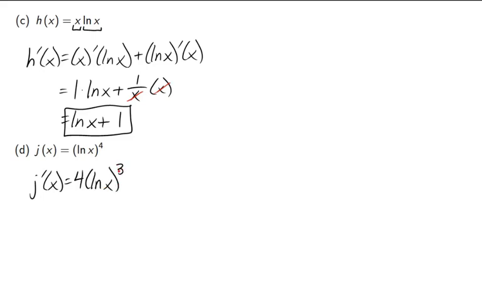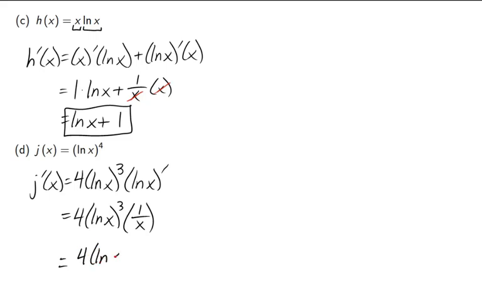So u to the fourth becomes 4u cubed times the derivative of your u inside. So I get 4 times natural log of x cubed, and the derivative of natural log of x is 1 over x. So if you want to rewrite that slightly, you could do it as 4 natural log of x cubed over x. The line right above is acceptable though.